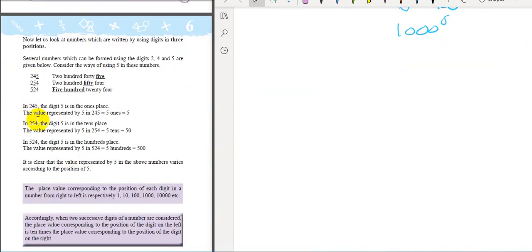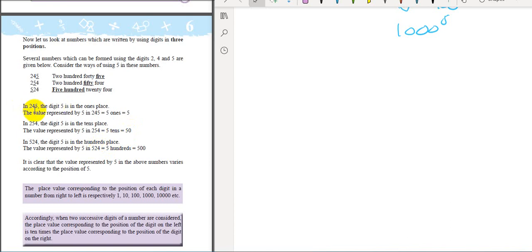In 245, the digit 5 is in the ones place. The value represented by 5 in 245 is 5 ones, so it equals 5. Then 4 is in the tens place, so 4 tens is 40.